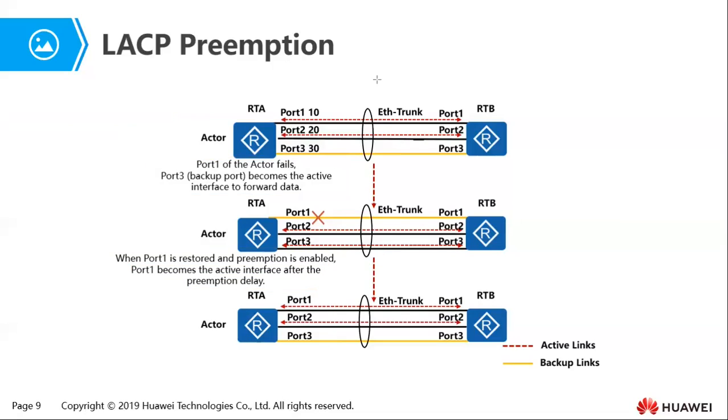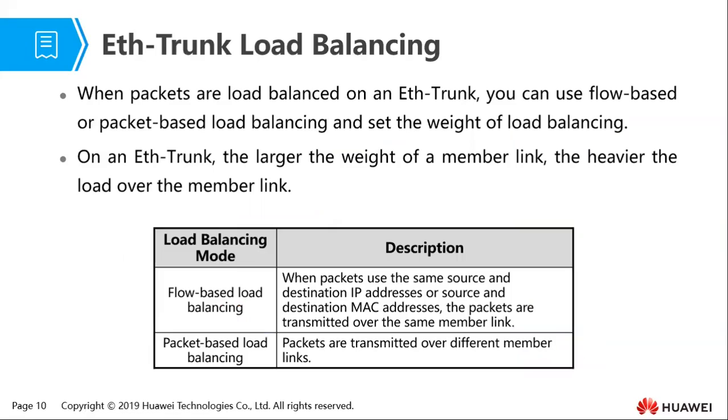If this comes back up, then it simply remains as a backup link until someone else fails, either 2 or 3. That is when it's going to be considered again. Otherwise, if you've enabled preemption, then it's going to take over as soon as it is restored. So that is what we call LACP preemption.